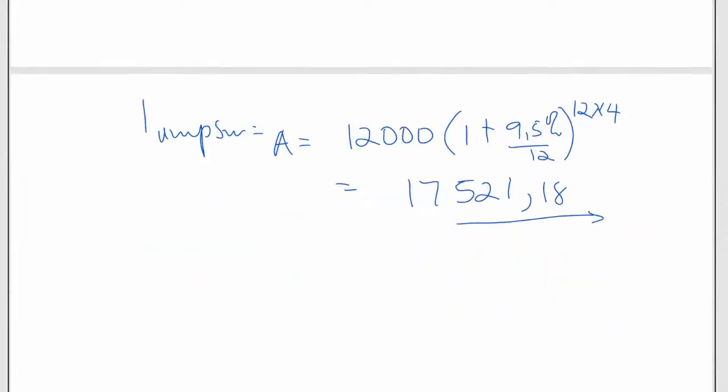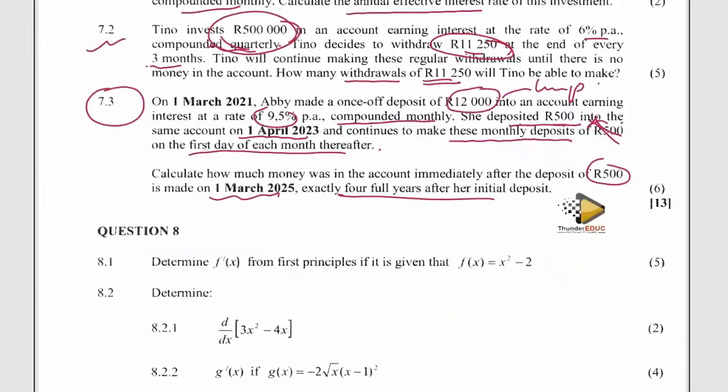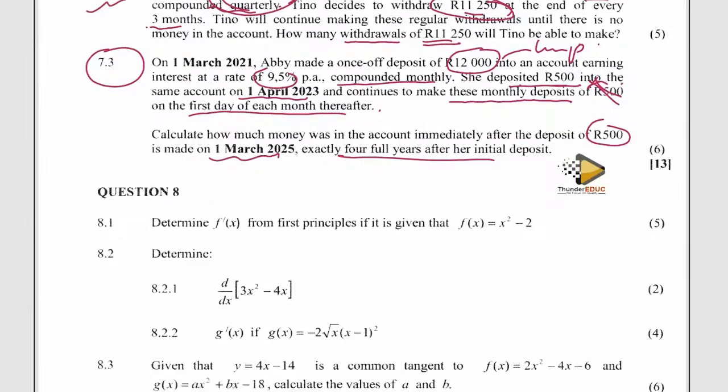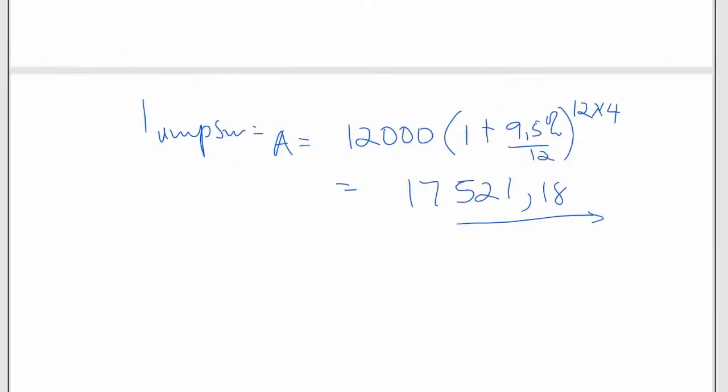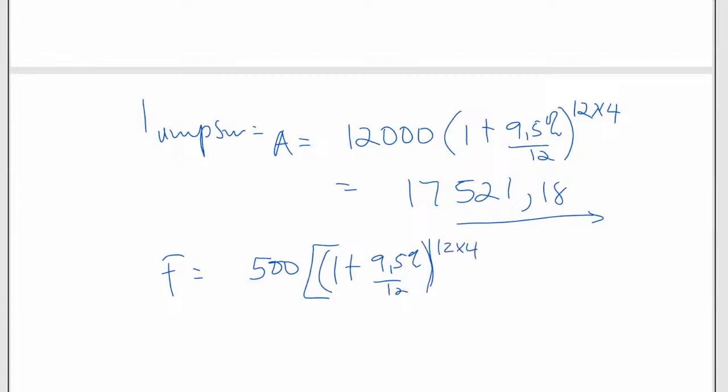Then 2. So for the deposits of 500 that were made, we're going to have the future value formula, which is the 500 into 1 plus 9.5% monthly to the exponent of 12 times 4. Wait a minute, why am I saying 4?